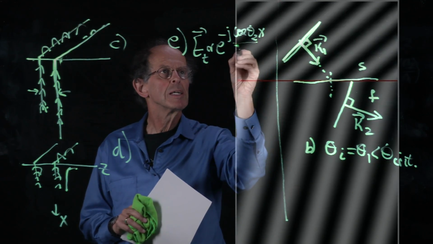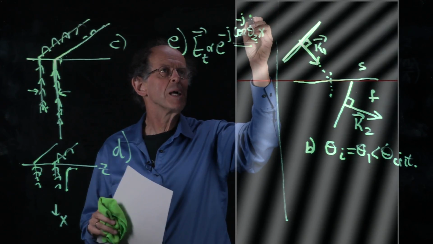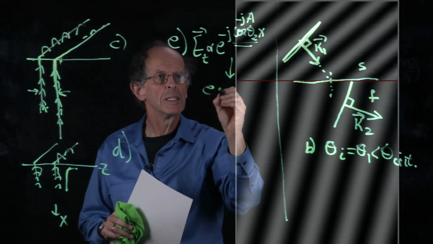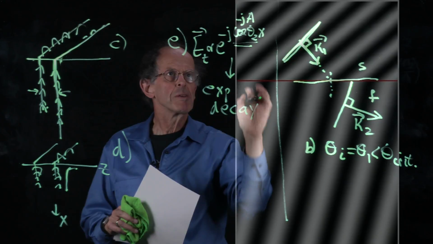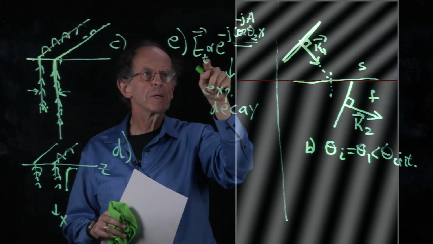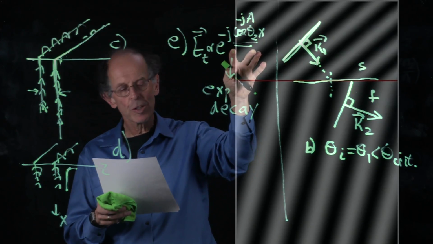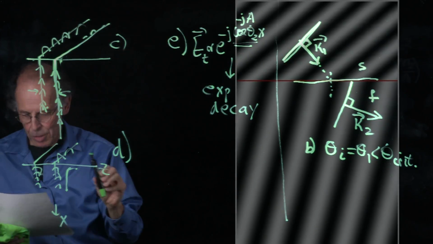And this is minus j times some number. Call it j, so we get exponential decay. So there's a traveling part. E transmitted is proportional to this part, which is decaying, and then there's a sinusoidal part as well, because the wave is moving in the z direction.